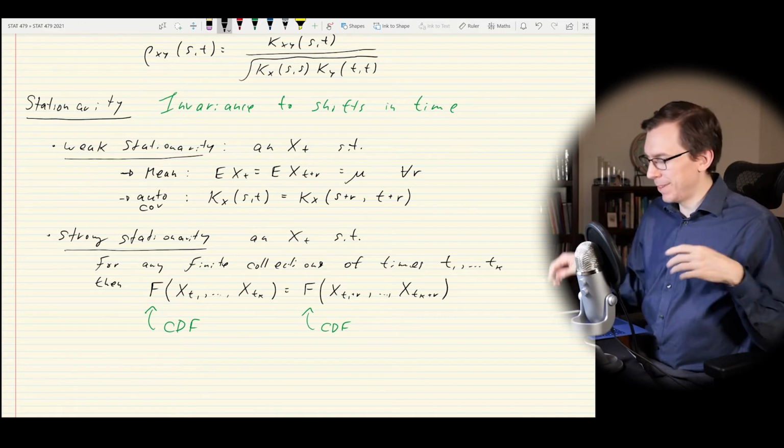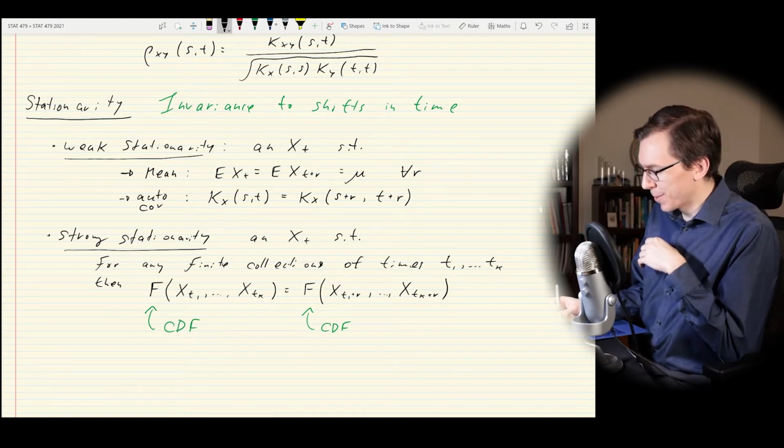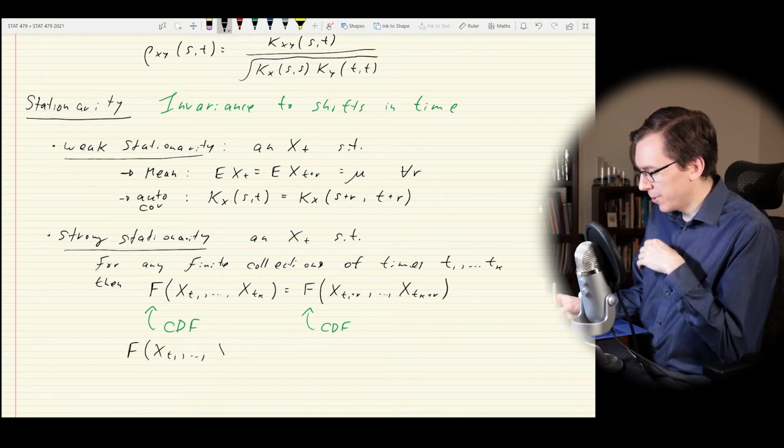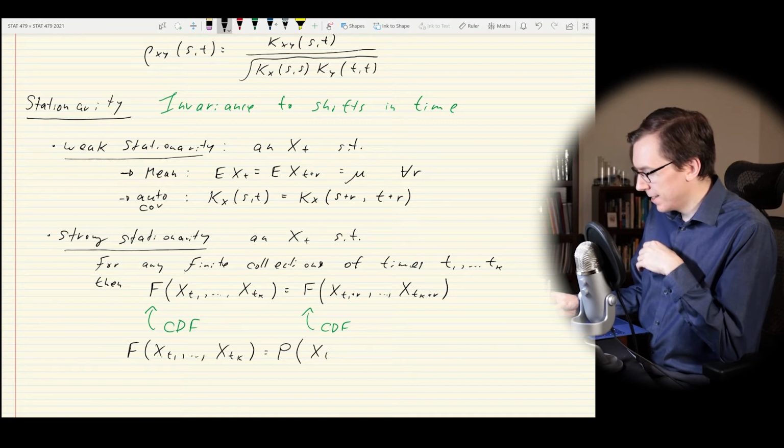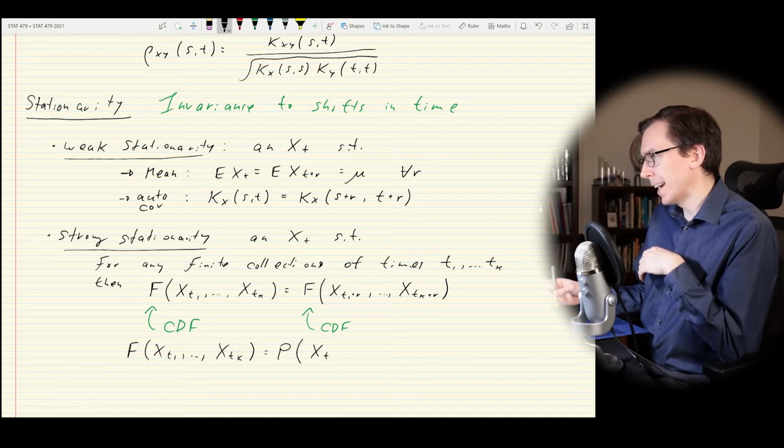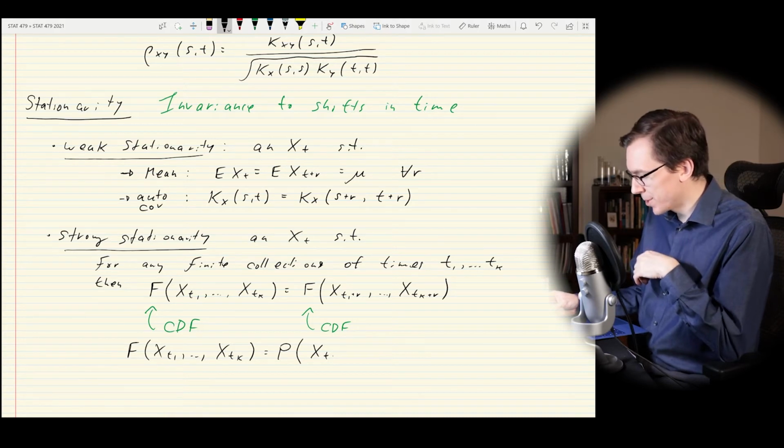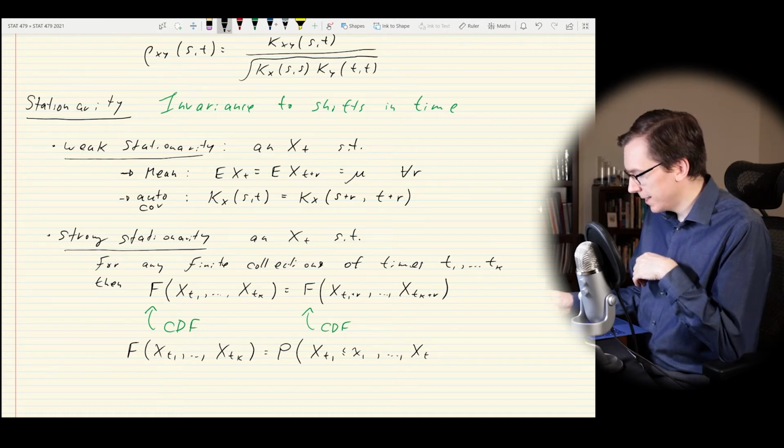So, just to make sure we all remember what that is, F of x t1 through x tk is just going to be the probability that x t1 is less than or equal to some little x1, and the joint probability of that all the way up to x tk being less than or equal to some xk.